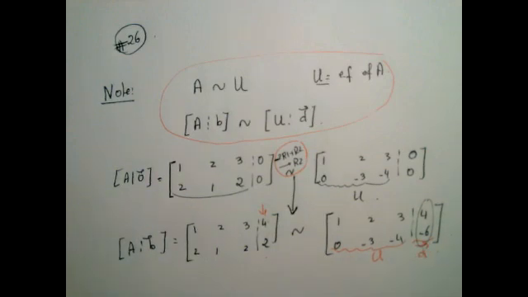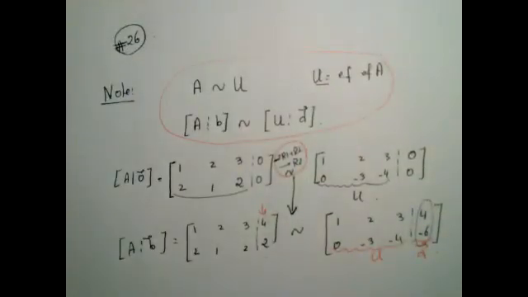Why is this relevant to number 26 and how to understand number 26? So let me read 26 very carefully, and then I will let you figure it out. Number 26 tells me the following. Suppose AX equal B has a solution.